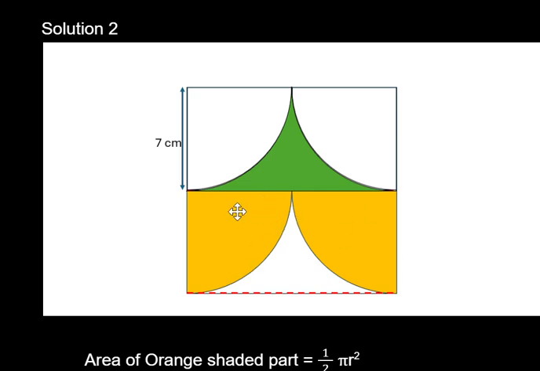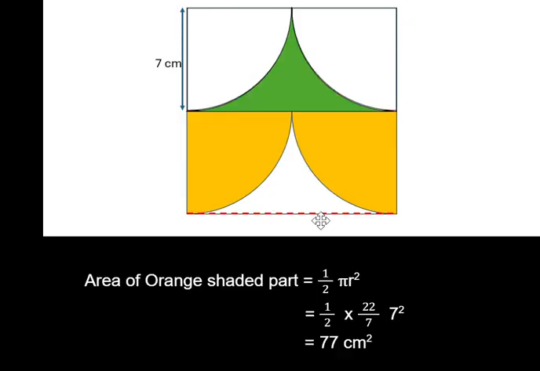The next thing, he or she may be able to visualize that a rectangle minus away two quarter circles will give you this green color part. So all I need to do is add the green color part with the orange color part, and I get the area of the shape. I break the problem into two steps, so this is easier for the kids to see as well. Of course, the way to do it is longer, but at least they got it correct.